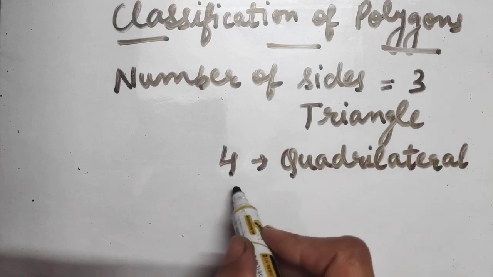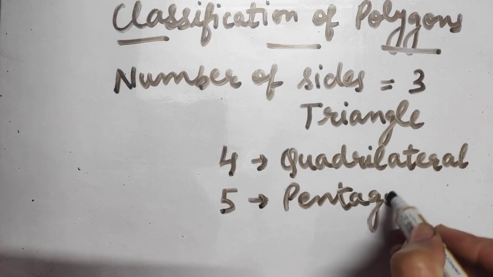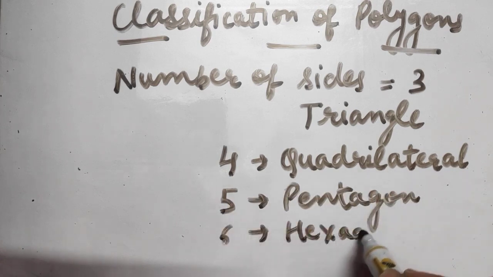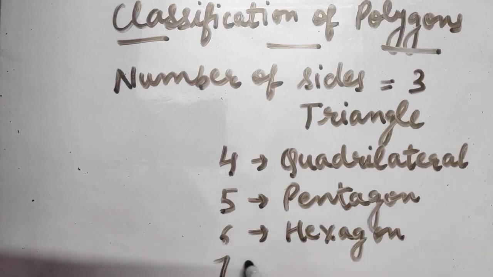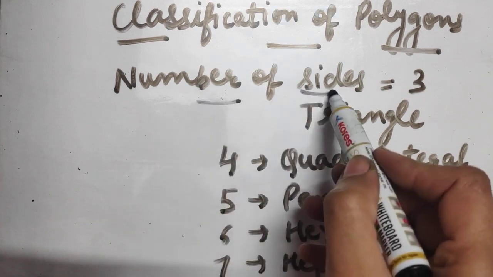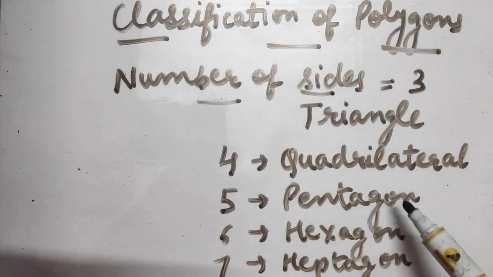If it equals 5, then it will be a pentagon. If it is 6, then it will be a hexagon. If it is 7, then it will be a heptagon. Likewise, you can have the classification on the basis of number of sides. I hope you have already learnt this in your previous class and you must have recalled it again.